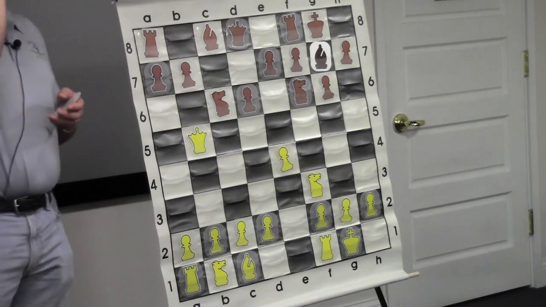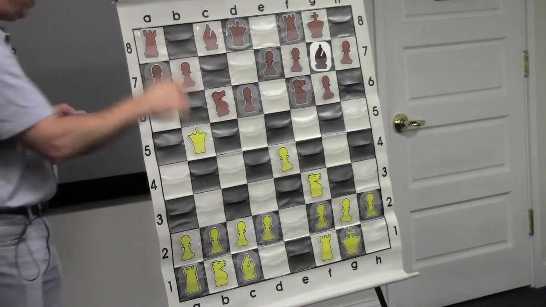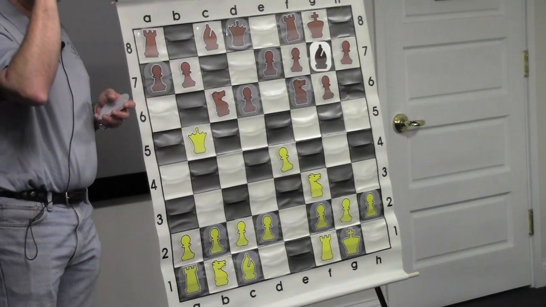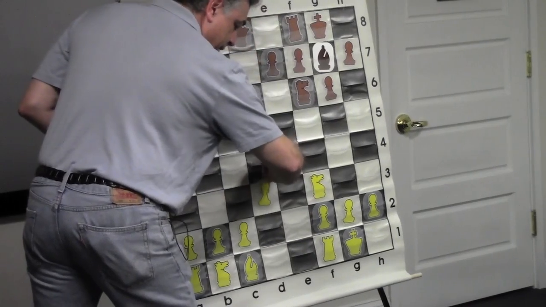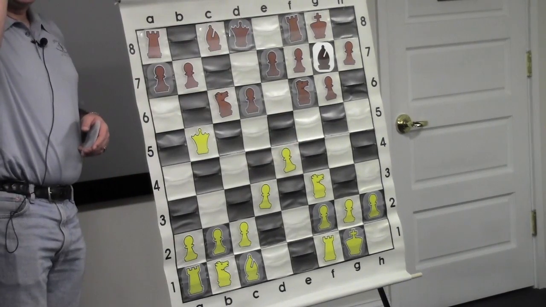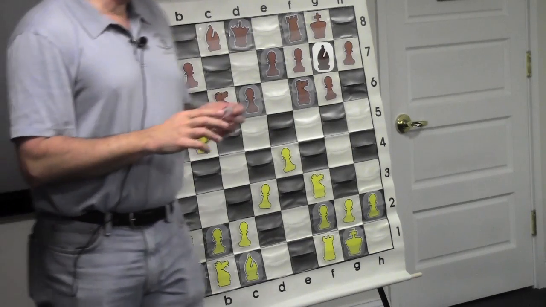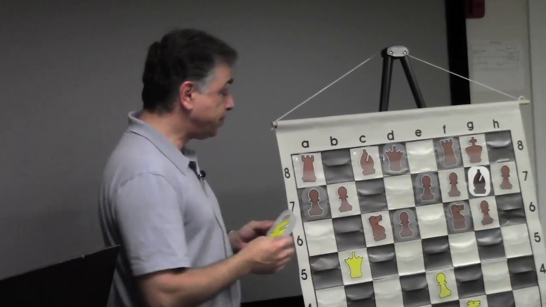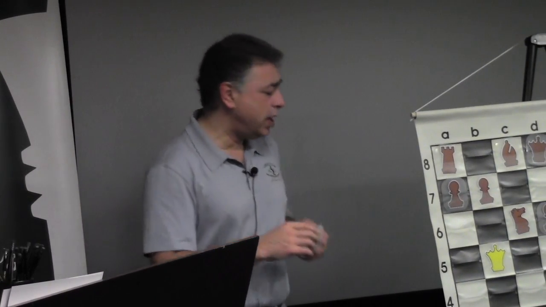How many of you would like to move with your knight again? Okay. How many of you like to move with your pawn? Okay. So if I make this move, does that have your support? Yes? Okay. Now, remember what I said about your queen and how powerful it was?